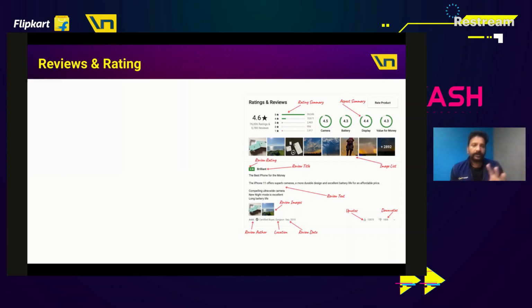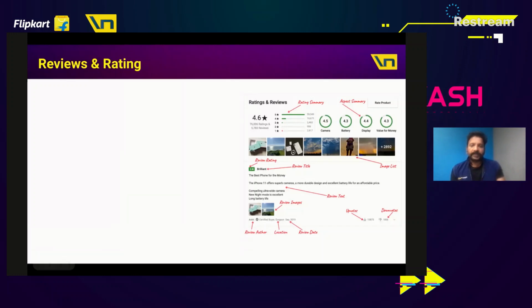If you look at the rating and review system as a whole, it is composed of a lot of functionalities. The first one is called a rating summary, which is what you see on the top, like a 4.1 star, 4.6 star. And then we also have ratings for specific aspects. Like if you look at a mobile phone, there will be ratings for camera, battery, display, value for money, and so on.